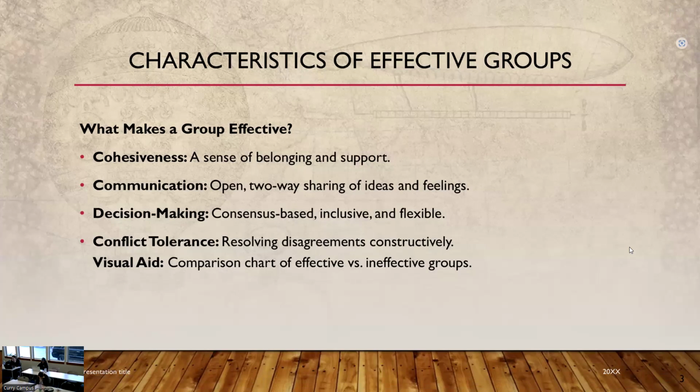So there's really no dumb suggestions, I guess I would say. Well, maybe there is, but in a group setting, there shouldn't be, but you'll discuss that and weed those out. Conflict tolerance, resolving disagreements constructively. And I think I just accidentally put the visual aids without the actual visual aids, so we'll skip that.